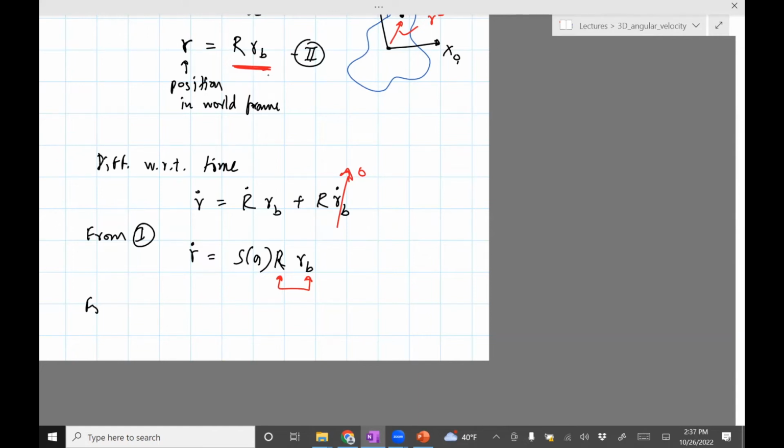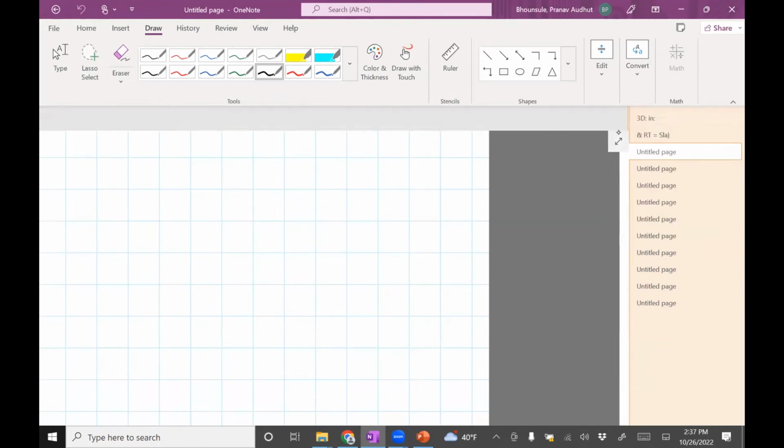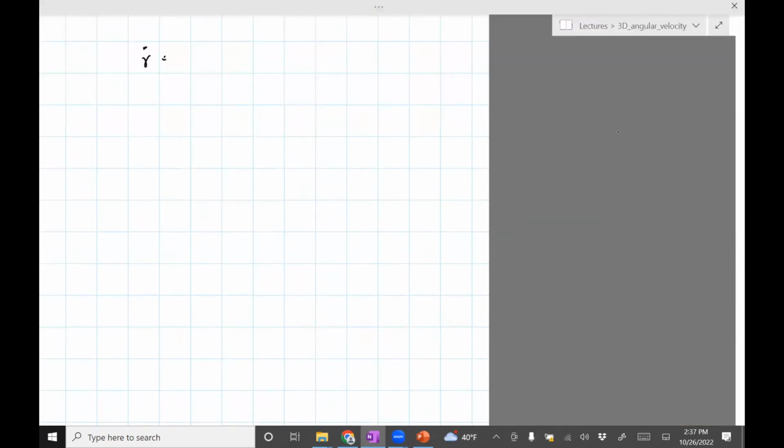So from 2, r dot equals S of A times small r. We'll write that again: r dot equals S of A times r.